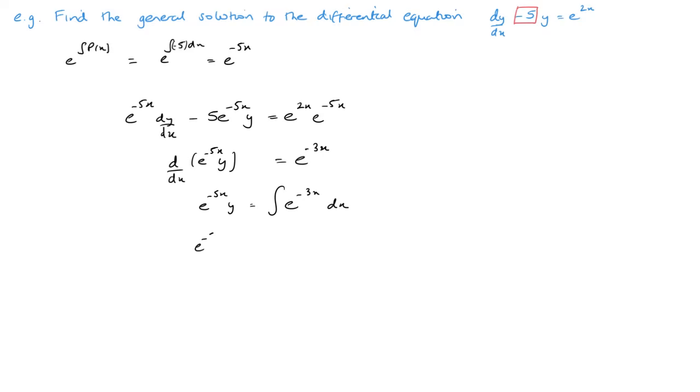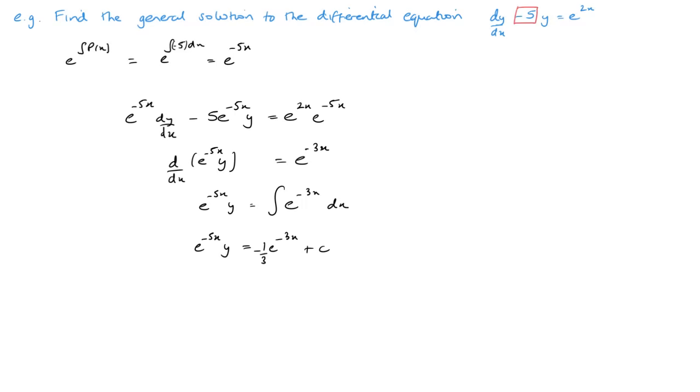So e^(-5x) y is e^(-3x), and when I'm integrating it, it's going to be multiplied by -1/3, plus c. Because if I differentiate this, it stays the same, but I multiply by -1/3, which will get me back to there.